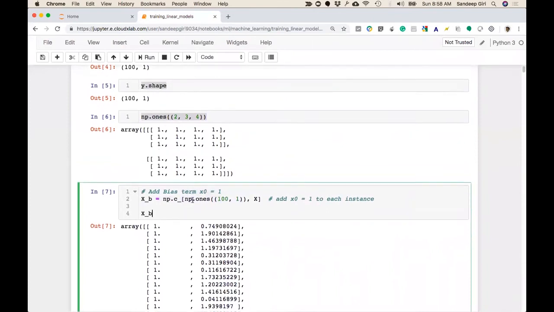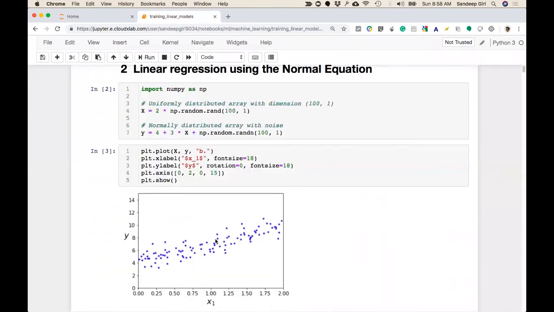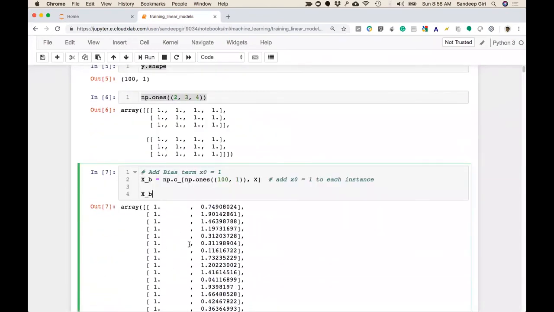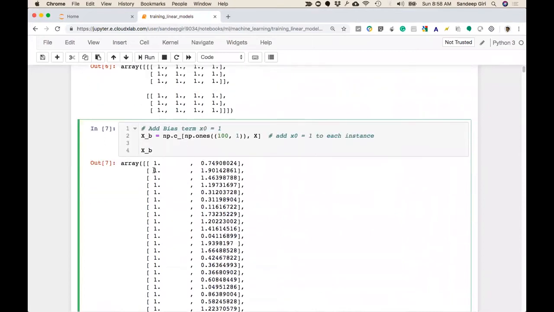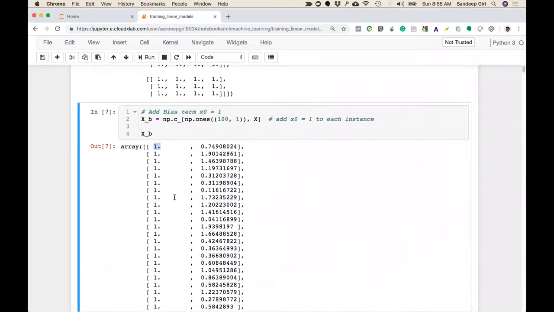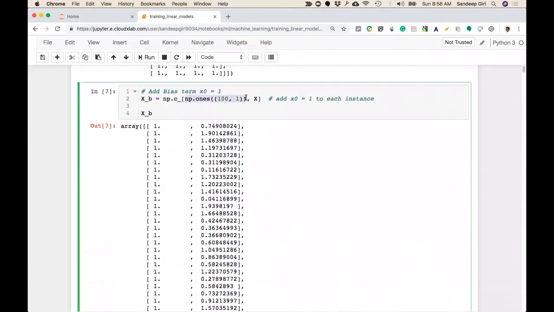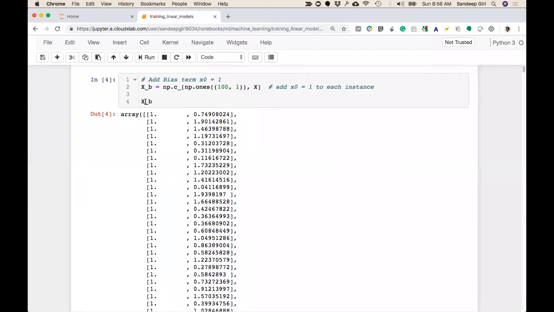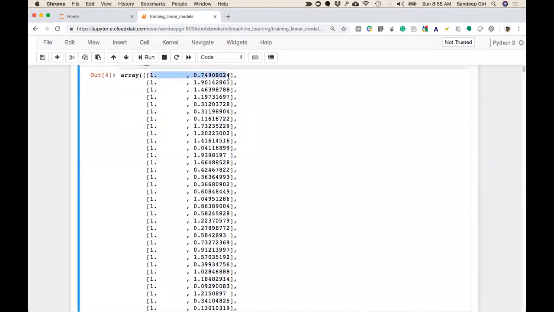The x that you see does not contain the 1, so we have added 1 into x. Remember that we did it in one of our exercises, whereby when we said theta dot x, we need to add 1 into x. So all we did was create one column and concatenate X and that one. Afterwards, XB represents the value with 1.